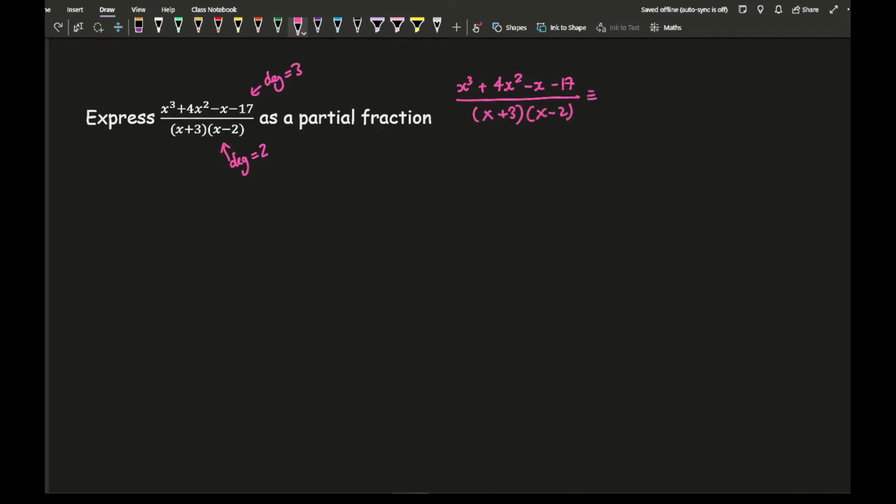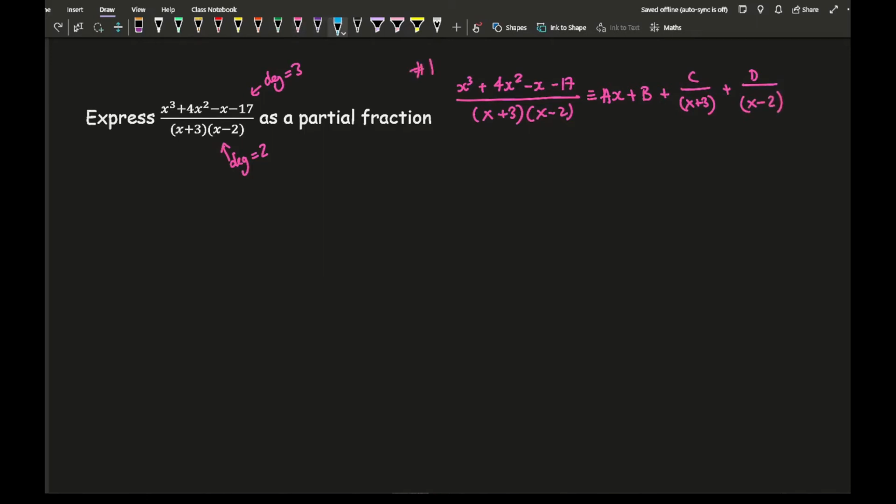Because I've got an improper fraction, it's going to be equal to ax, because the difference of the degrees of x is just 1, plus b, plus c over the first bracket plus d over the second bracket. And that is my step 1.